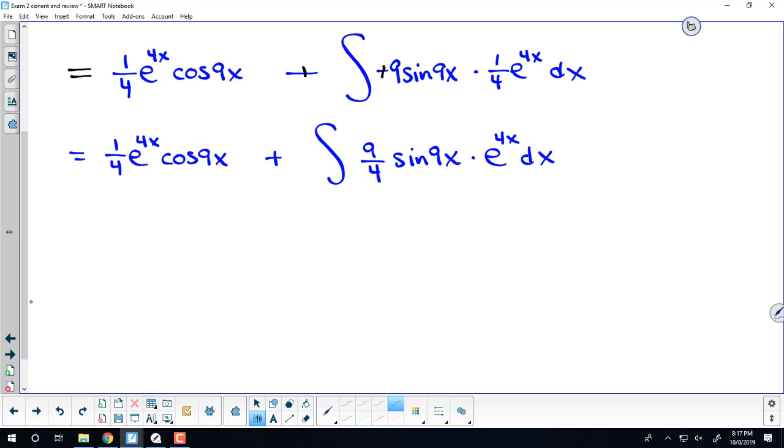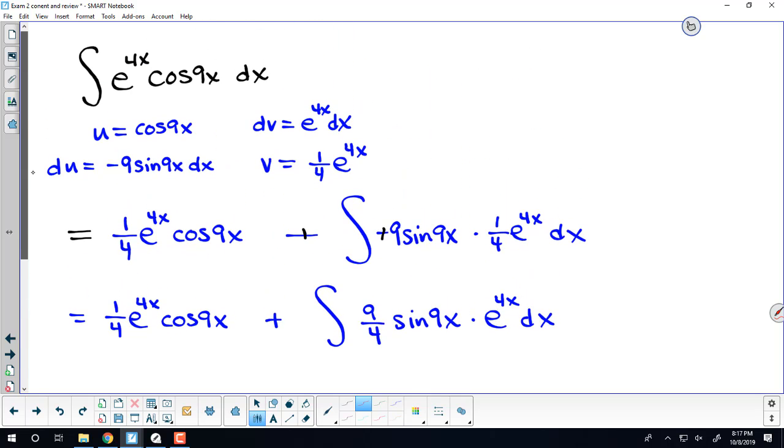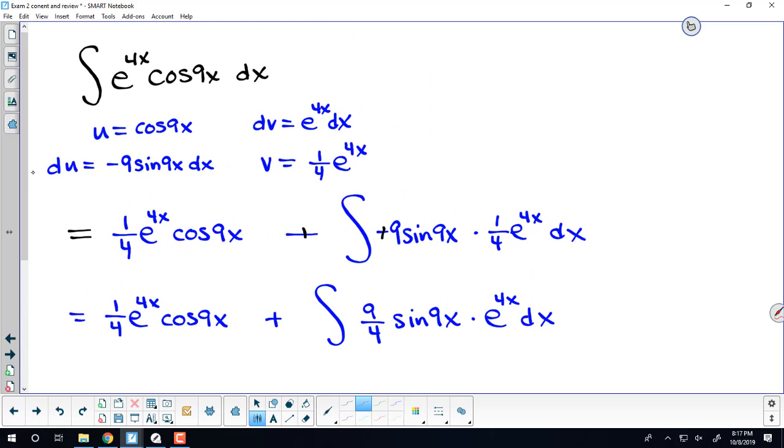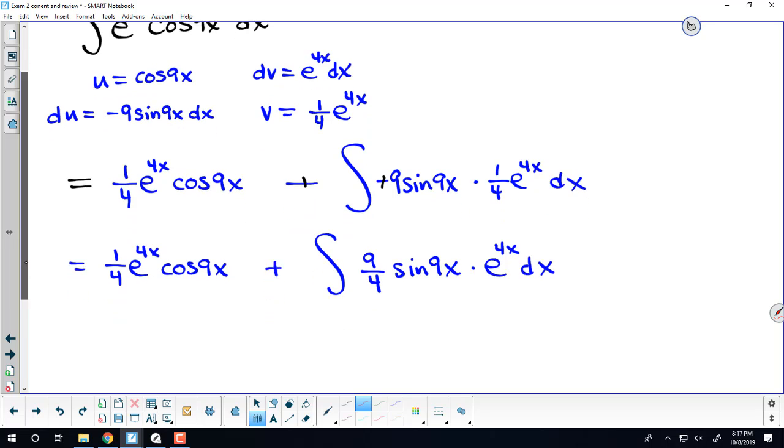We need to do integration by parts again. And with this type of function, you'll see that it's always a comparable integral. You've got to stop when you have the same integral from integration by parts as you did originally. So when we see another integral of e to the 4x cosine 9x times whatever constant, we're going to stop there because we have to solve for that integral.